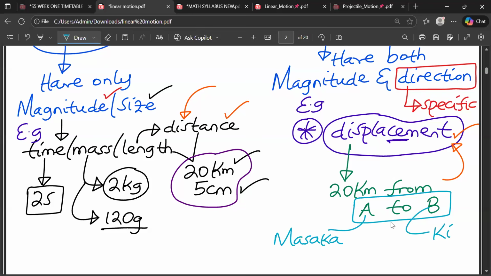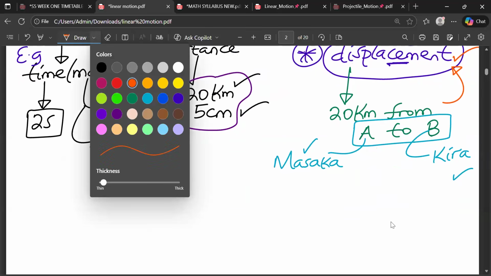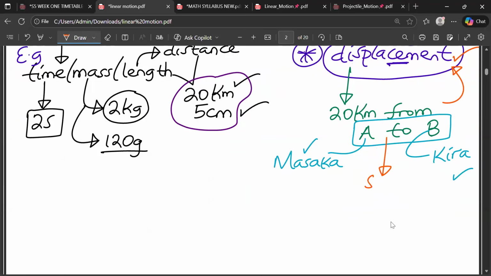Maybe Chira. Be like from Masaka to Chira, the distance is that. So every time you come out to specify the direction, that becomes displacement. Provided you specify the direction of motion, it becomes displacement, but they can have the same magnitude. So that's what they call specifying direction.